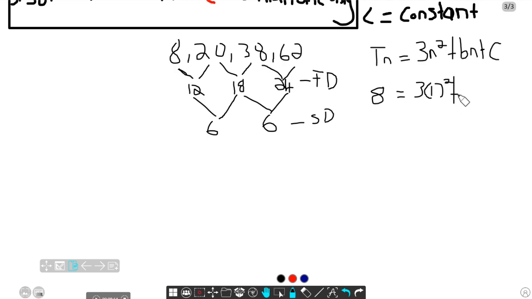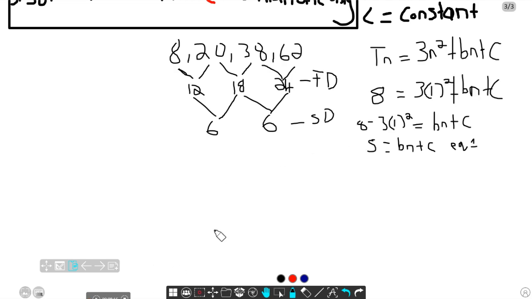And then it's going to be plus, right? So this one will be our equation 1. Then, like I said, we're going to use two terms. The first two terms, we're now going to use 20. Wherever I see Tn, I'm going to put 20. So it's going to be 20, and then 20 minus 3.